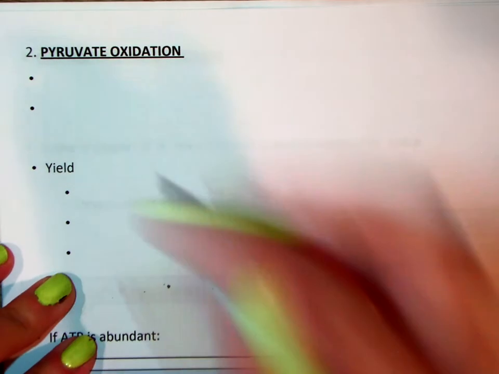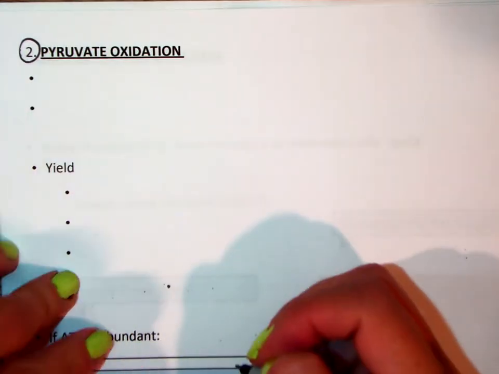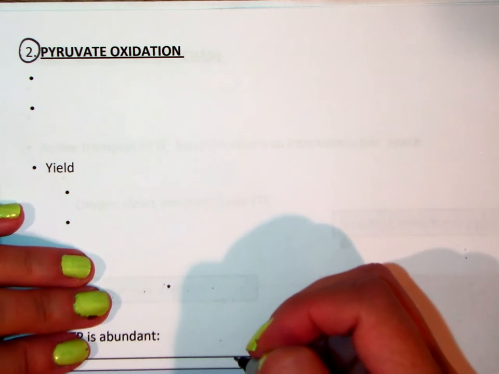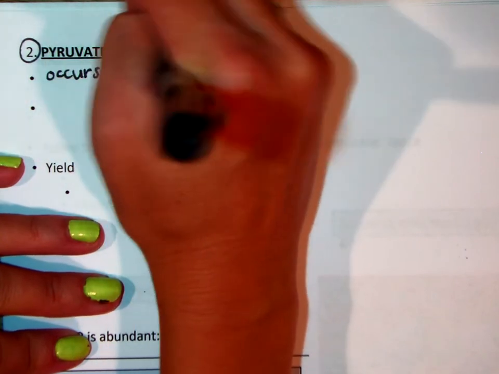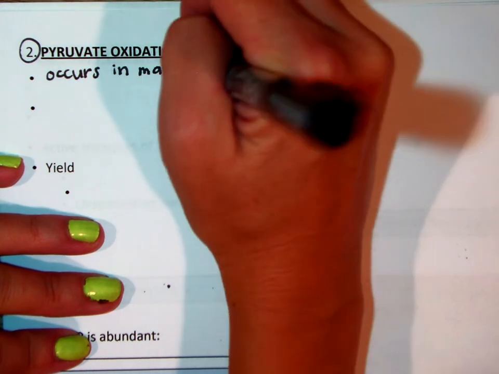Okay, next we have step 2, pyruvate oxidation. So one of our big 3 questions is, where does this happen? This occurs in the matrix of the mitochondria. So in that center part of the mitochondria.